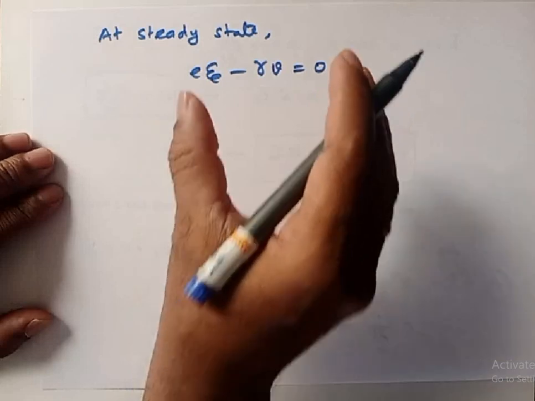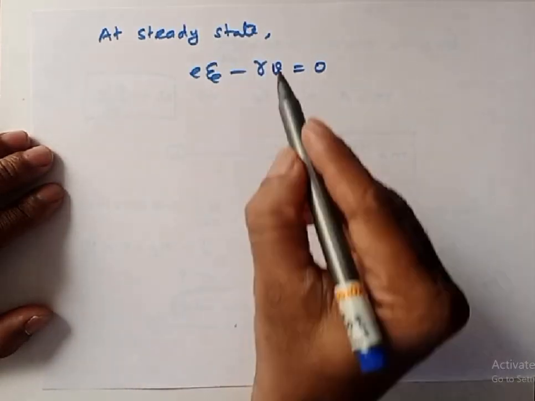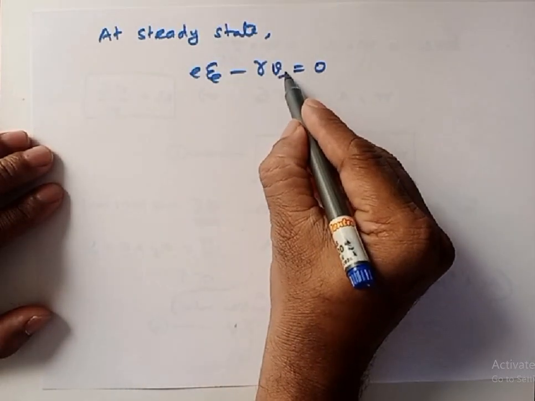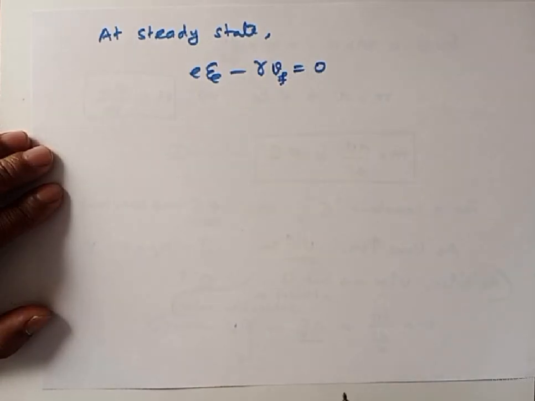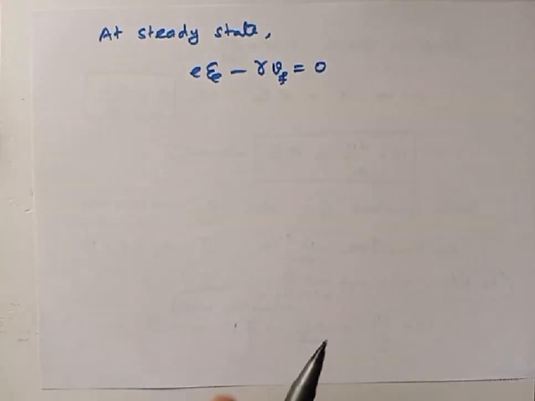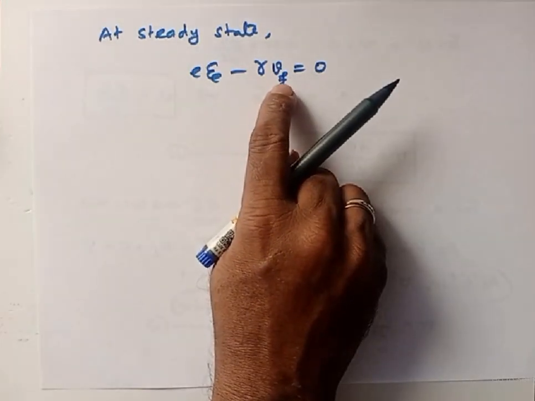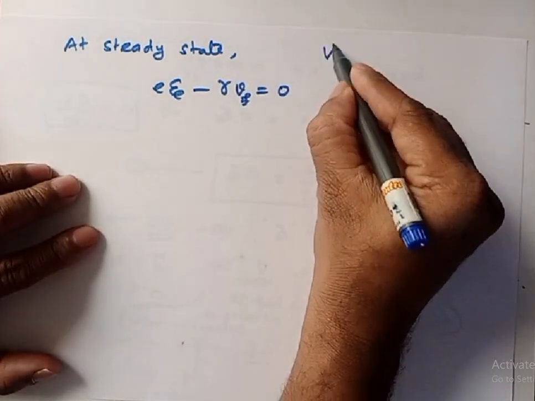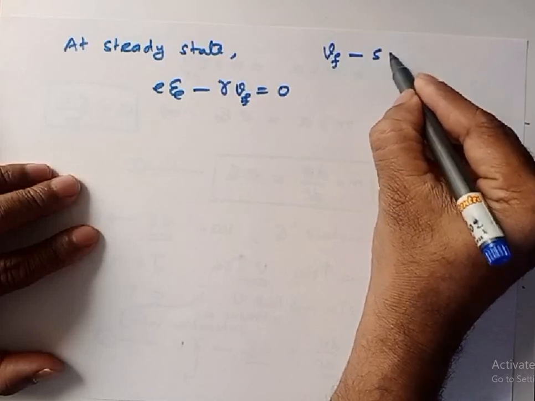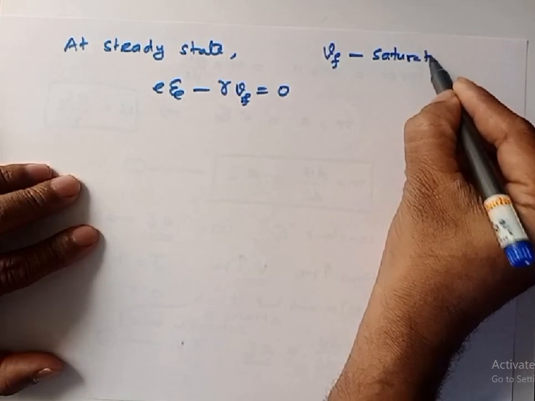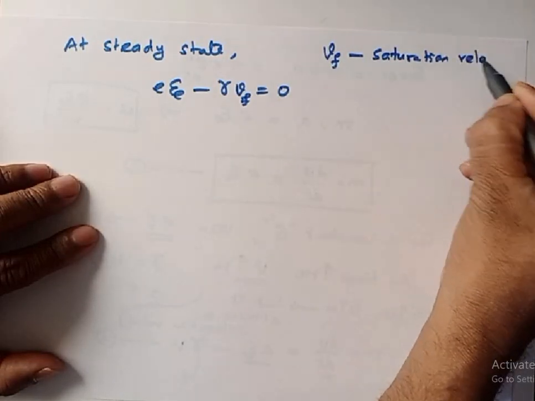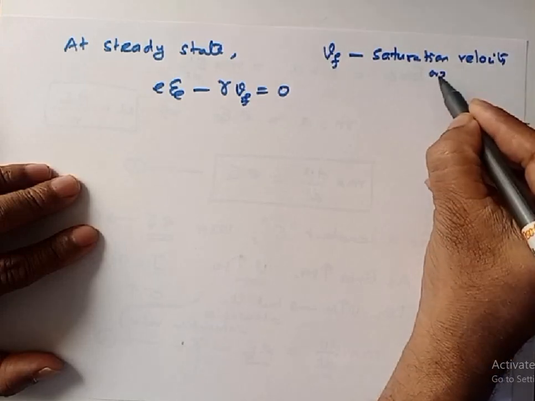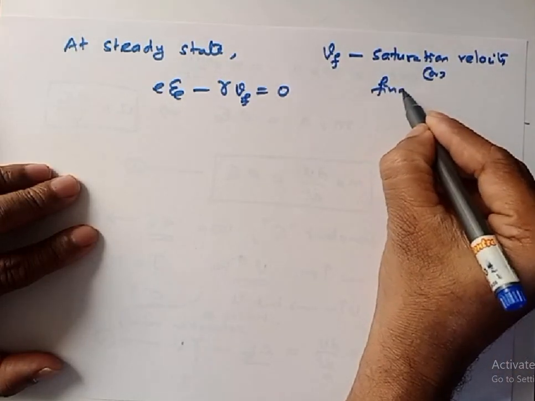We call that state a steady state. And here this velocity, let me write it as Vf. Why? Once the steady state is attained, you will get the saturation velocity. Let me represent that saturation velocity as Vf. So what is Vf here? Vf is nothing but saturation velocity, also called final velocity.